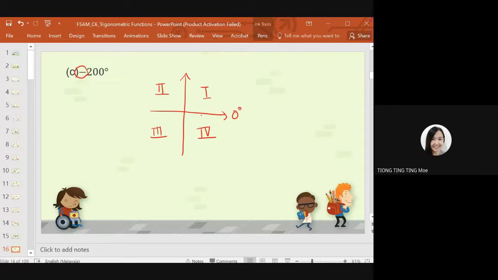Here, now we move downward. Move downward here is negative 90, negative 180, negative 270, negative 360. So your value of the angles is different now. So negative 200. Sini kan? Quadrant 2. Okay. So it will be a quadrant 2.